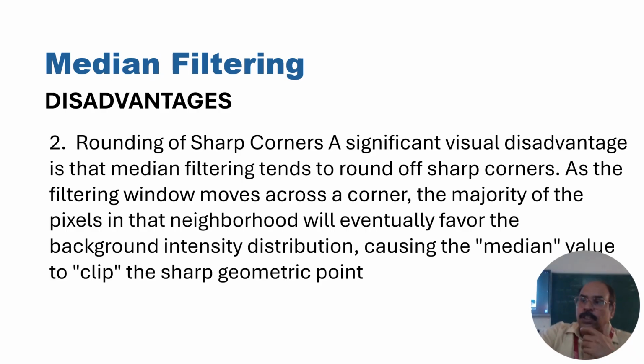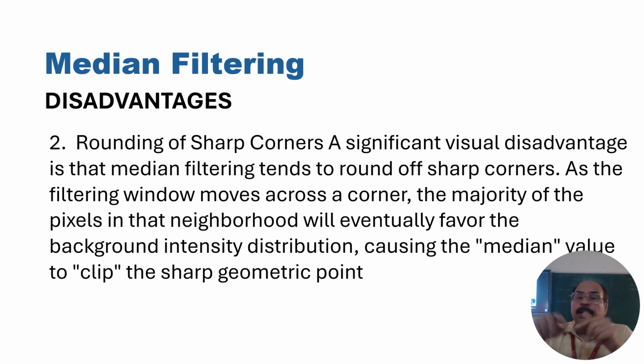See, we have seen an image with the first stage, second stage, and 10th stage. As the number of stages increases, you find that there is rounding of sharp edges. This is one of the disadvantages.